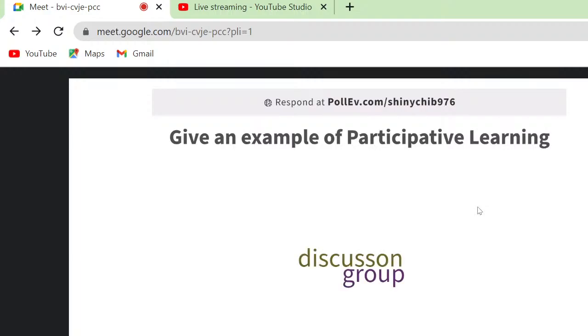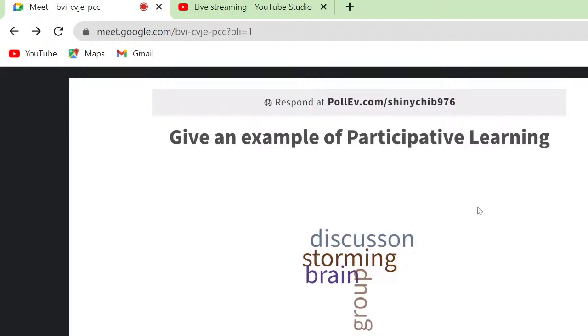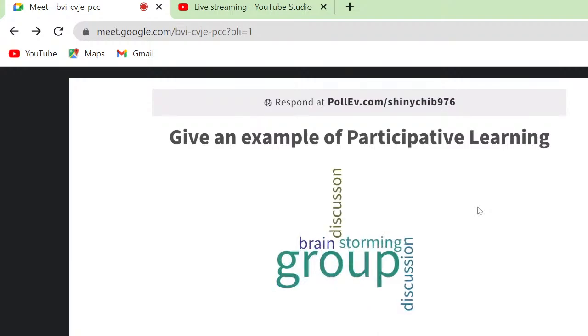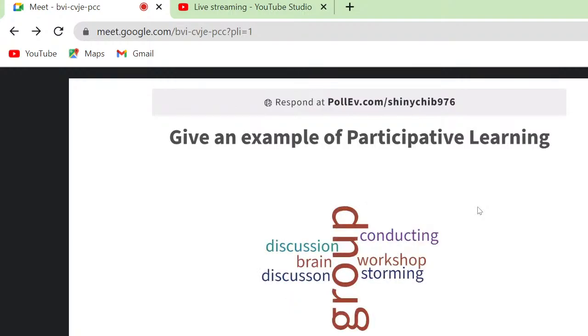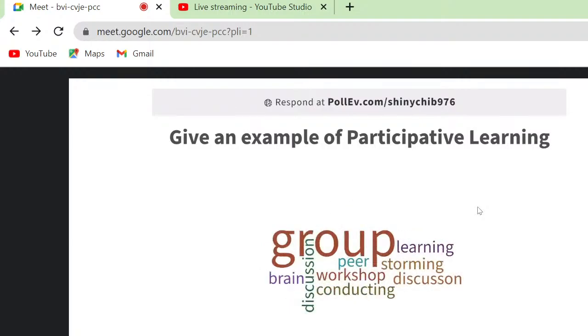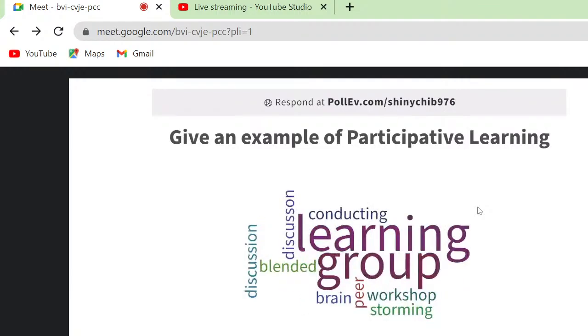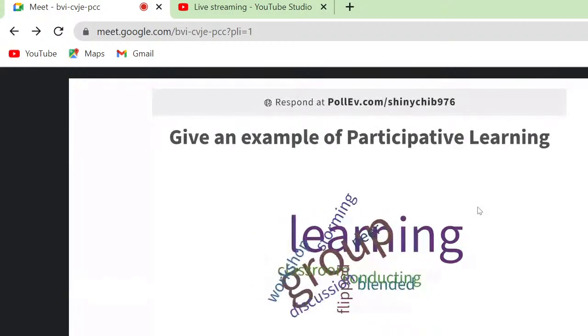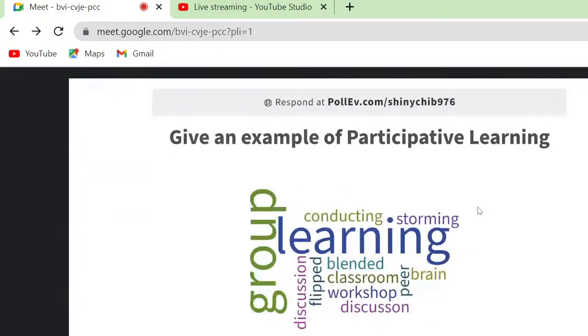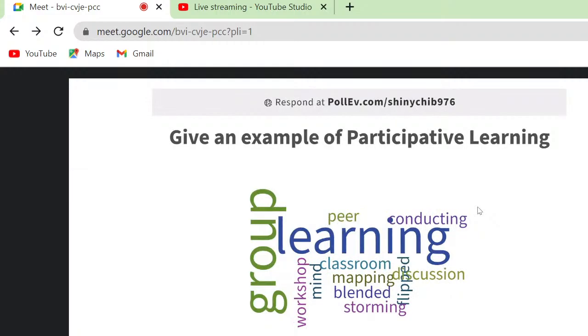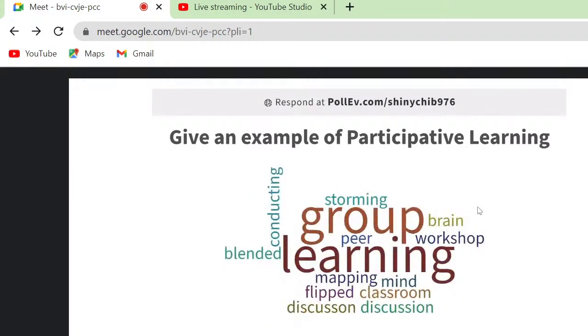Group discussion, fine. Brainstorming, fine. Please try to give as many answers as possible. Small group learning, role plays, flipped classroom, all these things are examples of participative learning.